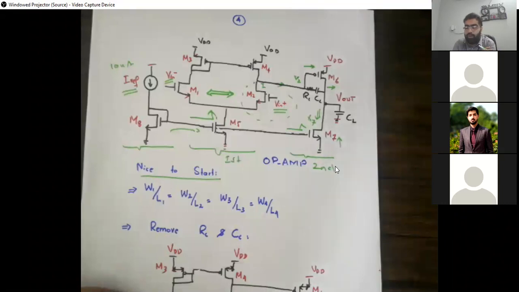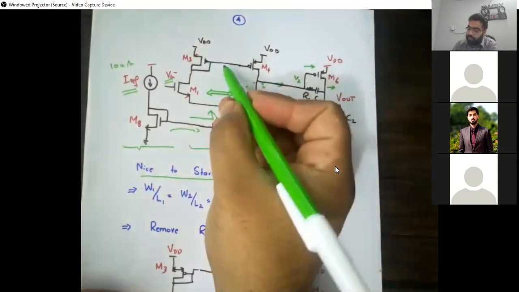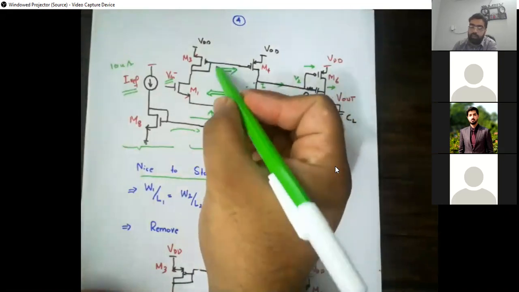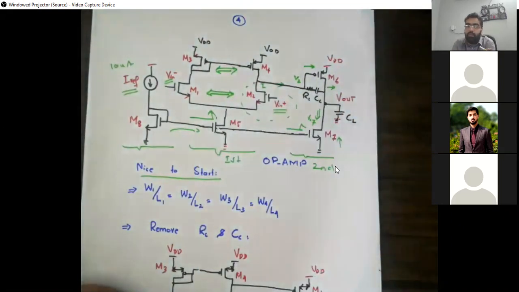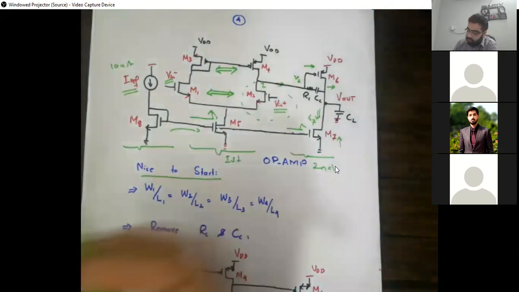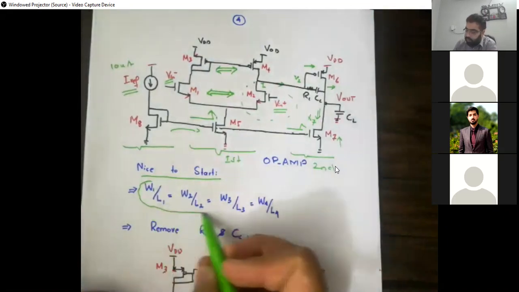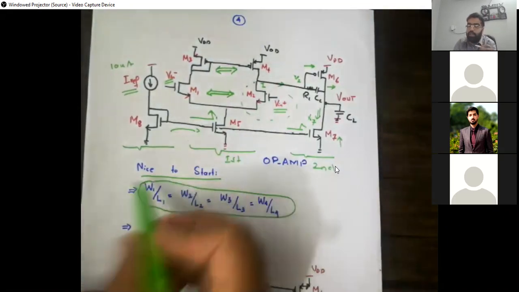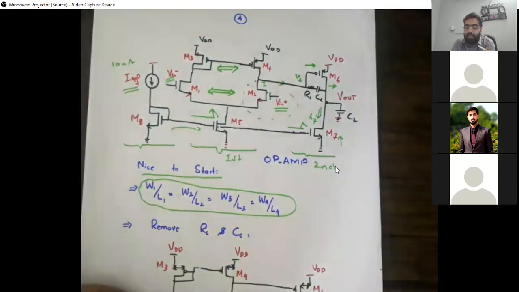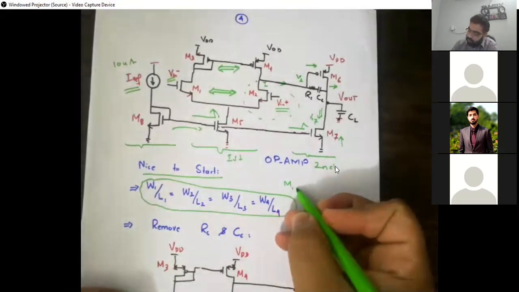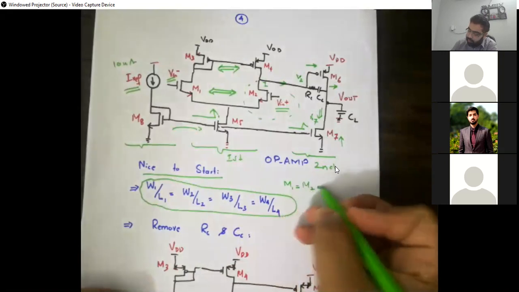But on top of it, just for the simplification, they're saying M3 and M4 are also equal and they are also same as M1 and M2. Okay, so the symmetry condition we will have to disobey in the later stages, but अभी simplification के लिए we are assuming that M1, M2, M3 and M4 all have the same sizes.